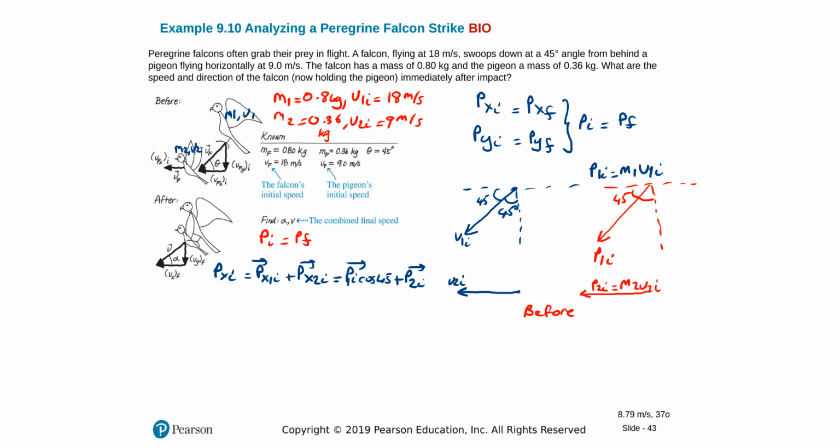And both have components in negative directions. So one is only along X, negative direction. P1x initial, and P1y initial will be down.